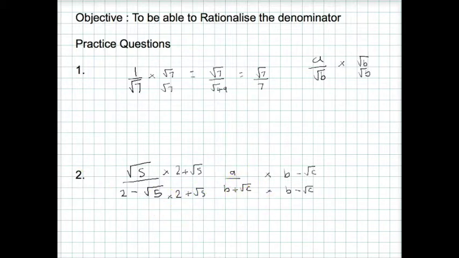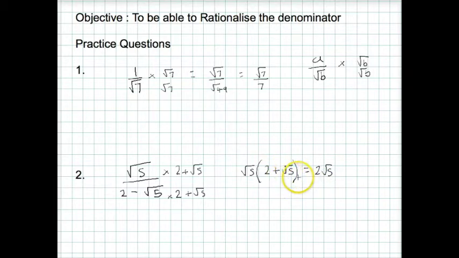Now the top bit becomes fairly simple. If we're multiplying this, let's use our brackets. So we're going to have root 5 and we're timesing that by 2 plus root 5. Root 5 times 2 is going to give us 2 root 5.